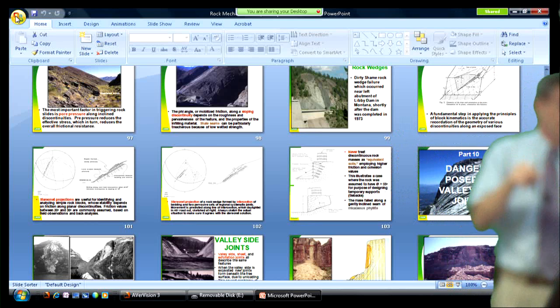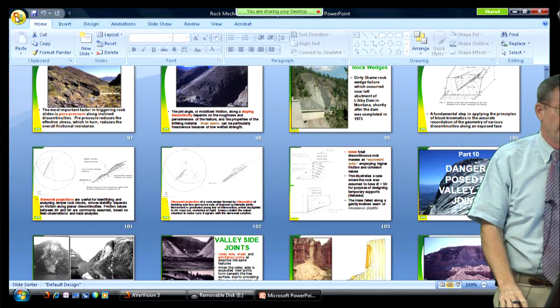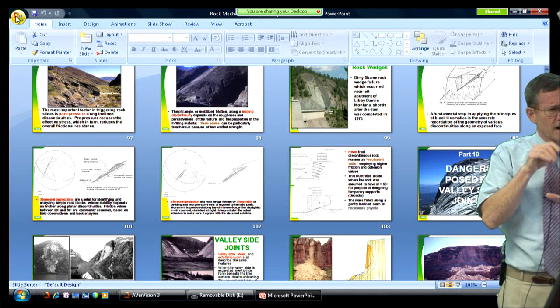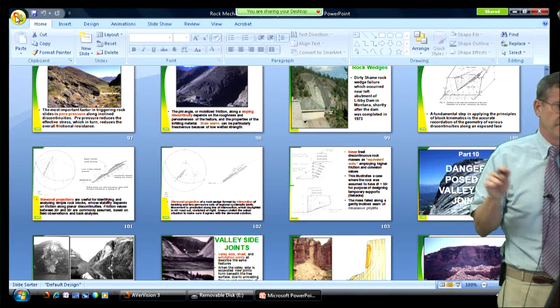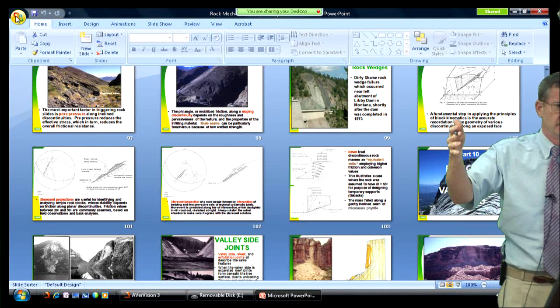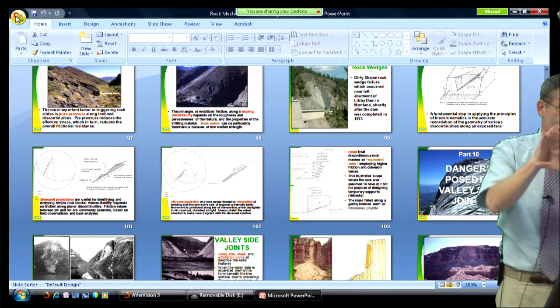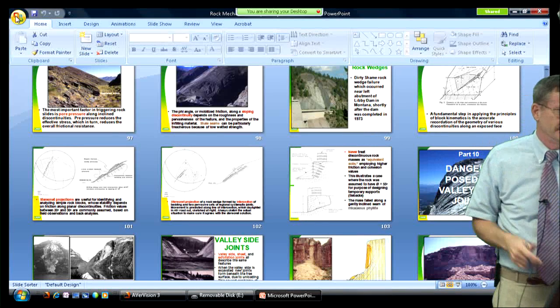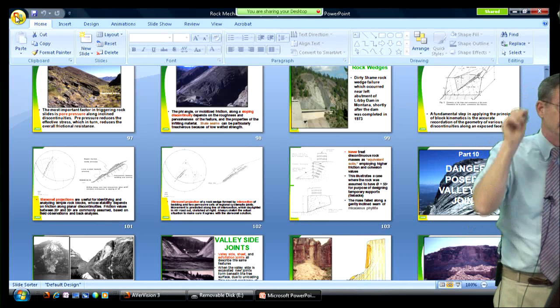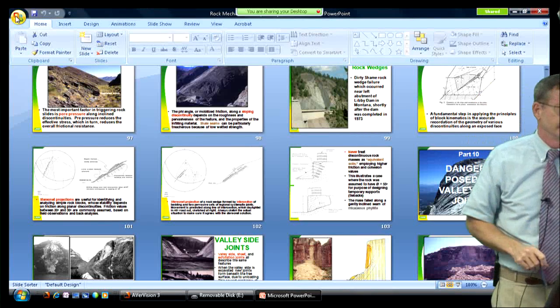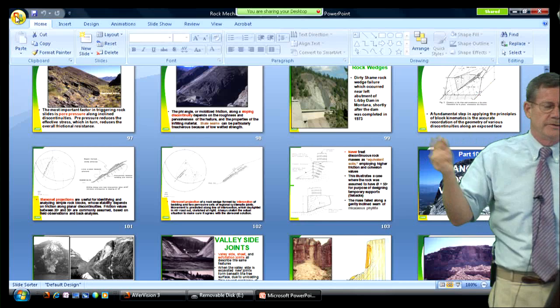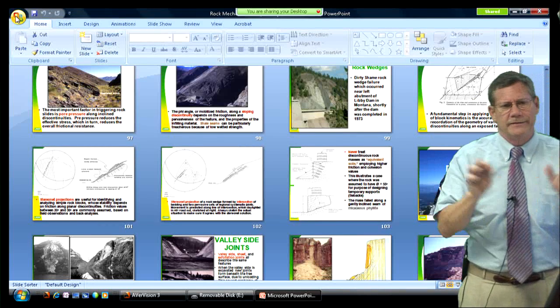But if somebody had been out there working, they would have been killed. The first rock bolt job in the United States was actually for the outlet works on the Nevada side at Hoover Dam in 1954, because they had a big wedge that started coming out on them. They said, what are we going to do here? So they rock bolted it. Since then, they've put rock bolts all over the place on a lot of different projects.